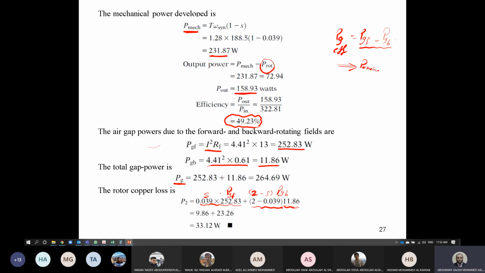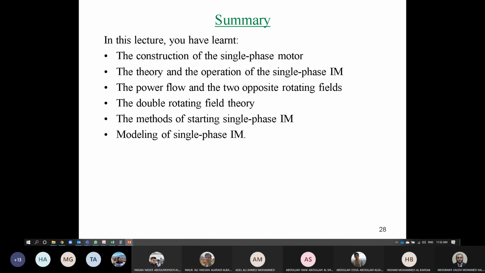So this represents the forward copper loss of the rotor, and this represents the backward copper loss of the rotor. The total copper loss for sure has to be the summation of the two powers. So this is now considered the overall rotor copper loss.